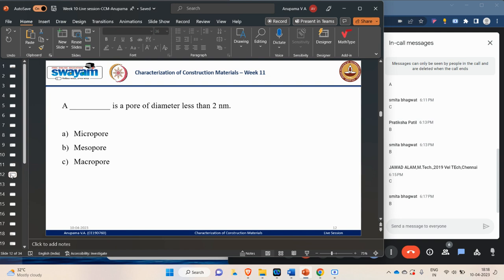Okay, you've received one response. Smita says it's mesopore. Let's see what others think. What about others? Mehna, Javed, Pratiksha.